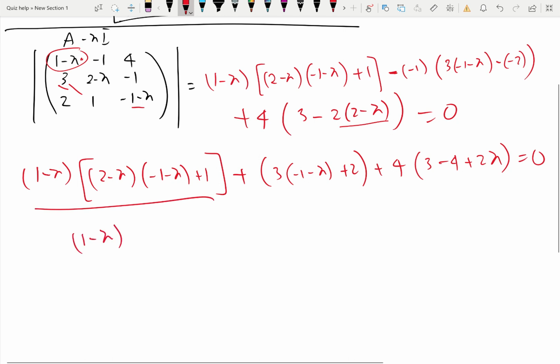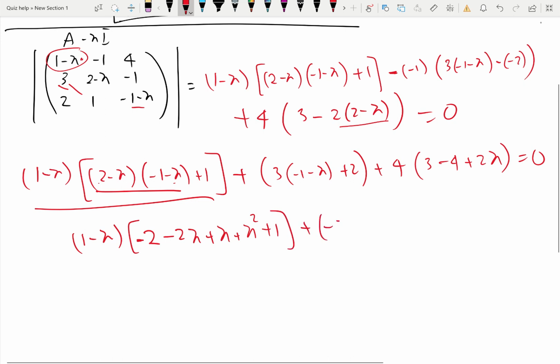1 minus lambda, if you multiply this out, 2 minus negative 3 lambda, 2 times negative lambda, negative 2 lambda. Oops, let's do it slowly. Negative 2 lambda plus lambda plus lambda squared plus 1.